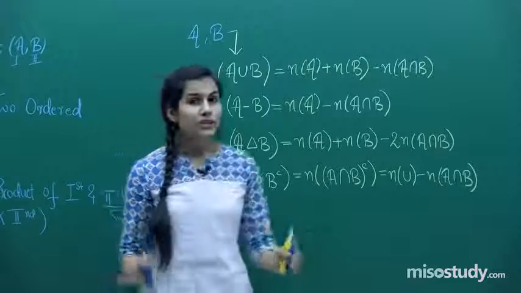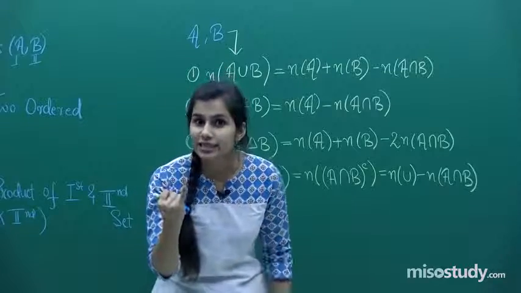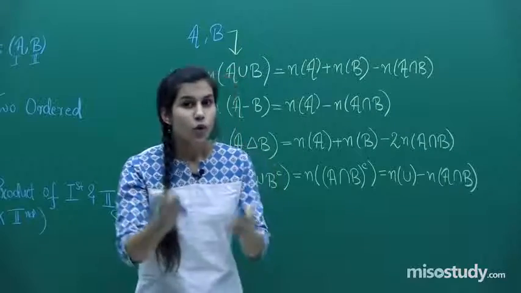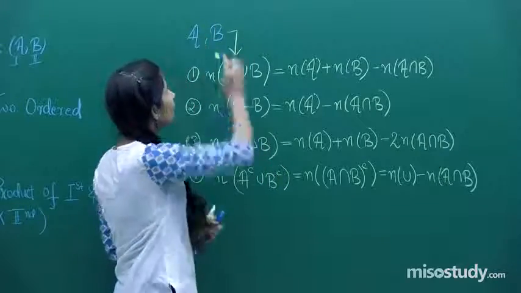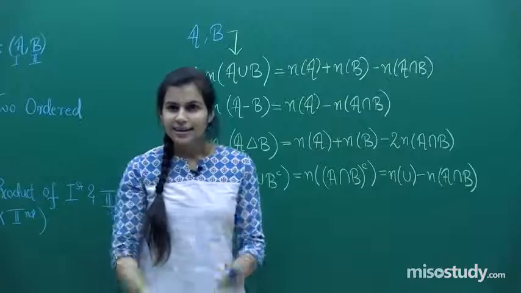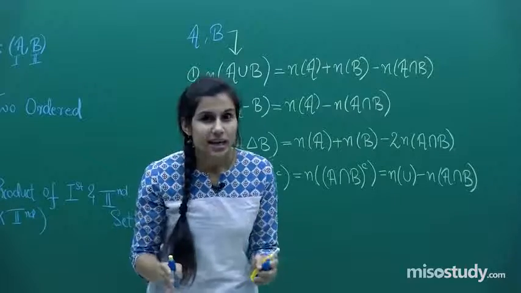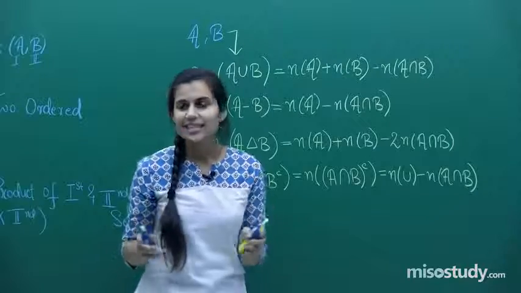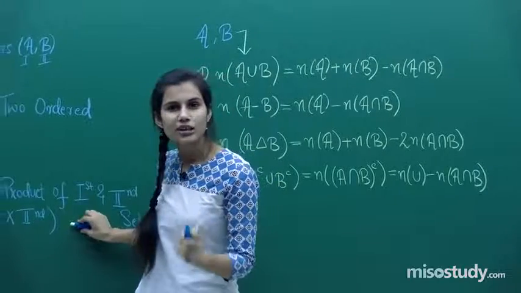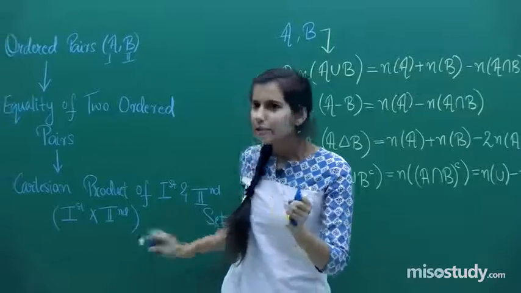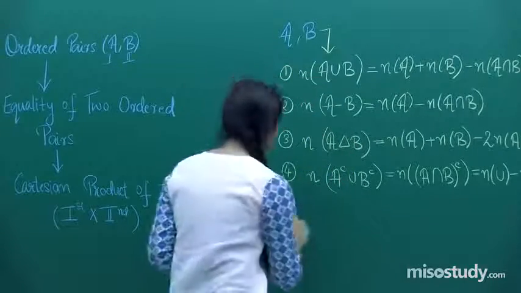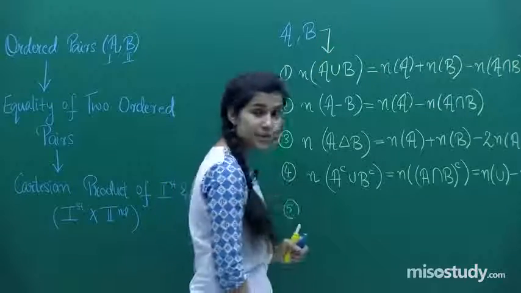Once we had accomplished the task of creating new sets and then finding out the number of members in these new sets with the help of just knowing the number of members in A and B, the next new set, the very fresh, the very new entry to this world is the Cartesian product of two sets. Suppose I give you this new set formed with the help of A and B, which is my very fifth new set.